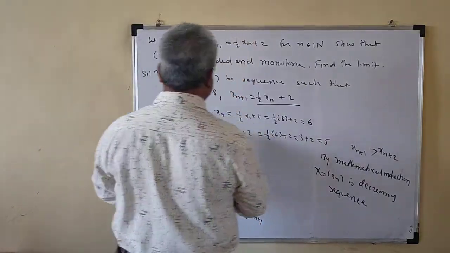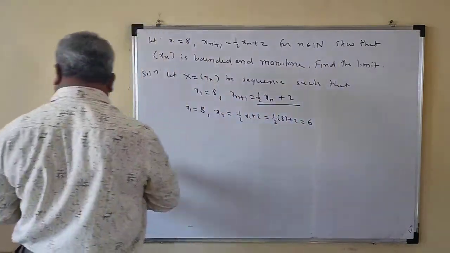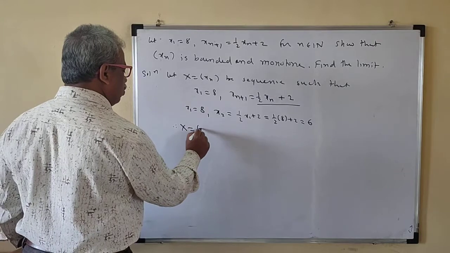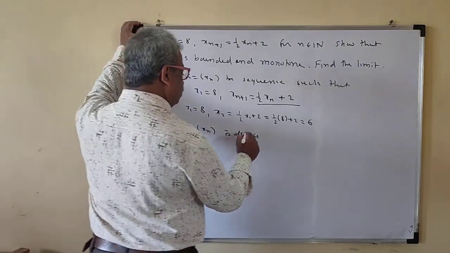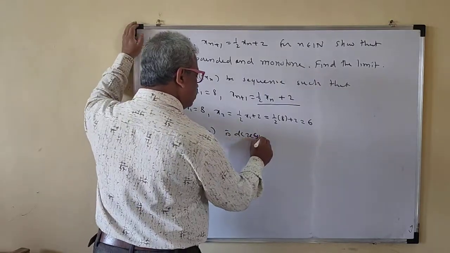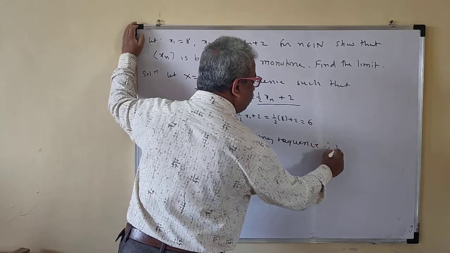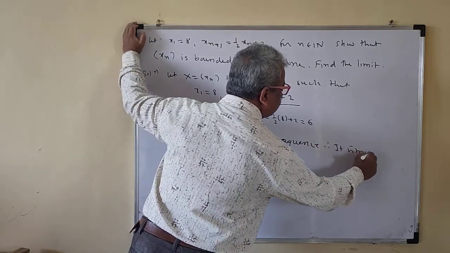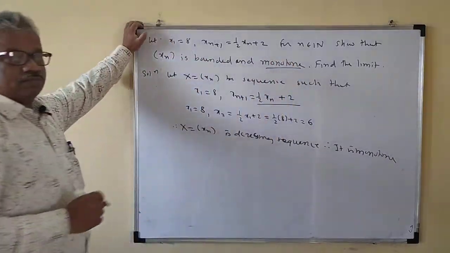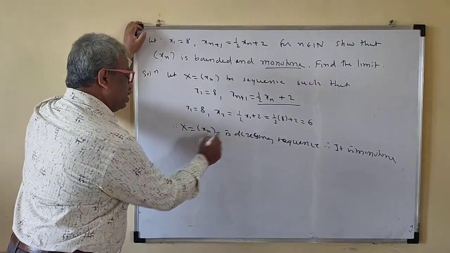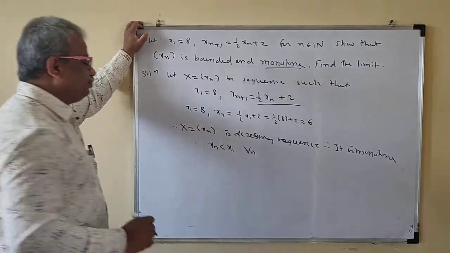Therefore xn is decreasing, therefore it is monotone. So we have proved first it is monotone. Okay, so therefore it is decreasing, therefore xn is less than x1 for all n.